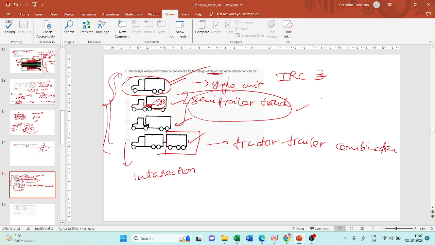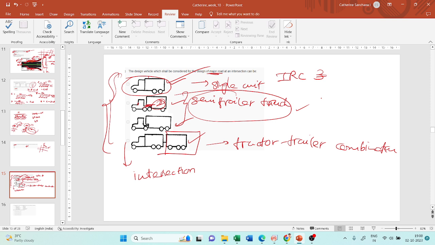So design vehicles we would have already seen earlier. For pavement design, I would have said the design vehicle is vehicles weighing more than 3 tons. For traffic, the design vehicle is passenger car unit. So car is the design vehicle, so they convert all the vehicles to a standard car.